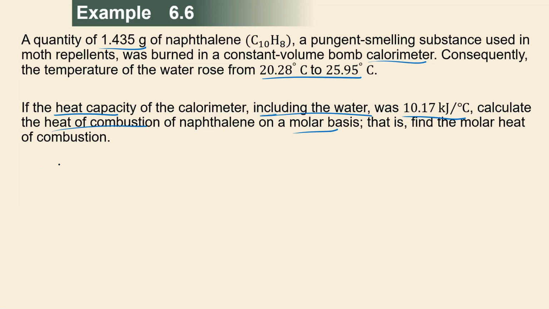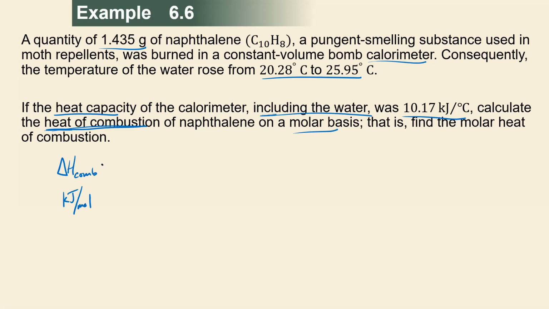And so for a reaction, we don't talk about Q, we talk about delta H. Heat of combustion, we think about that as delta H of combustion for naphthalene. It has units of kilojoules per mole, but Q just has units of kilojoules.